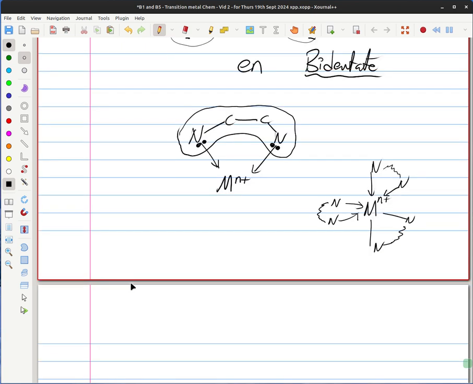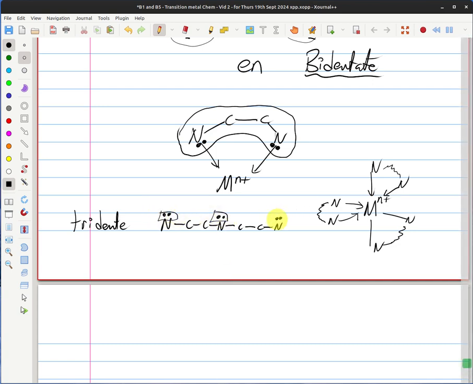There are tridentate ligands too. They're not really mentioned in the syllabus, but you could probably imagine what one would be. If you had this, that would be bidentate. So why don't we add an extra thing here? So we end up with 3 ends in this molecule. They have 3 lone pairs. This will be a tridentate molecule.